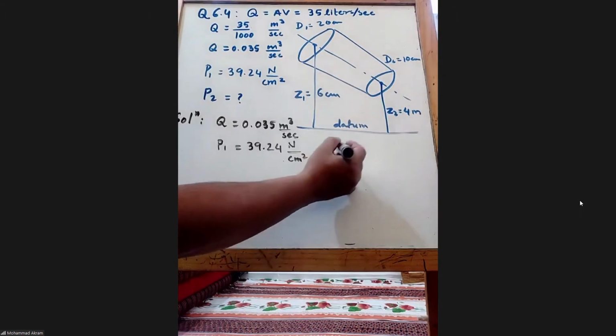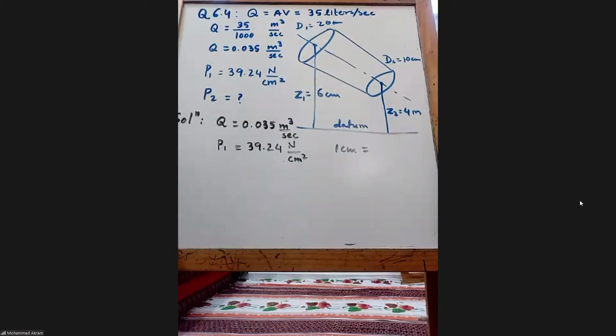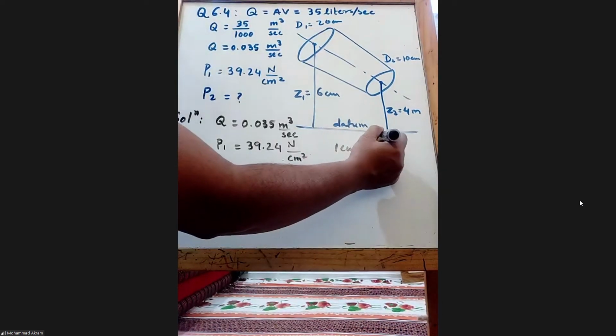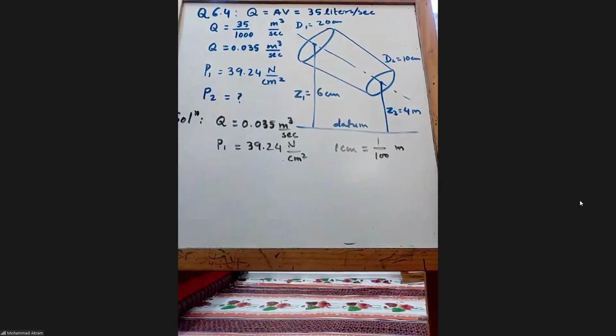See, 1 centimeter equals how many meters? 1 divided by 100 meters, right? Yes. Okay.